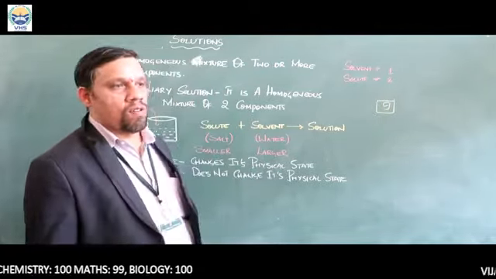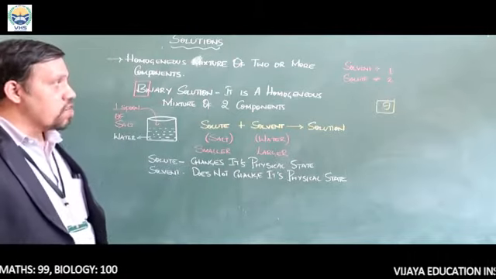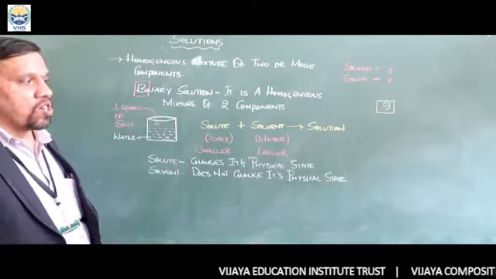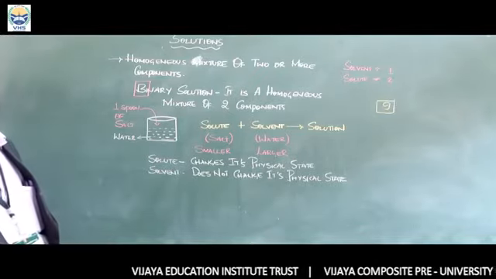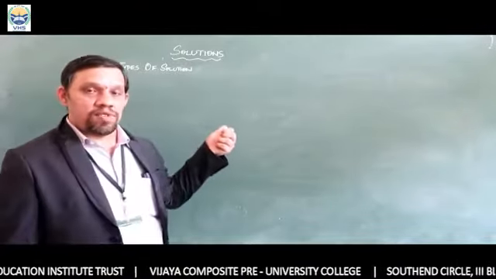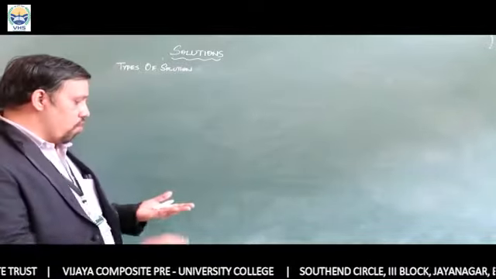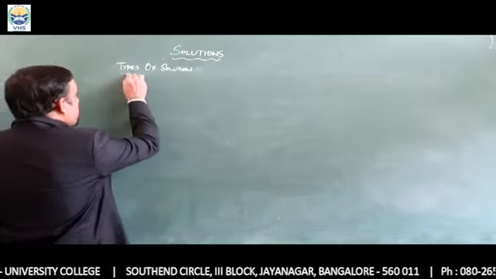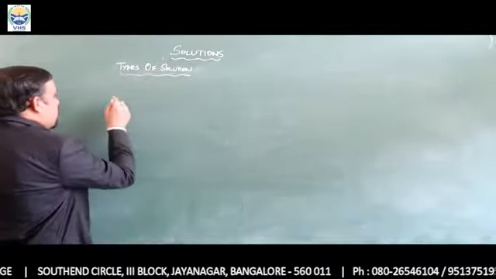Now we have to start with what is meant by types of solution. So let us continue with types of solution. As I told, the solution can be classified into 3 types.